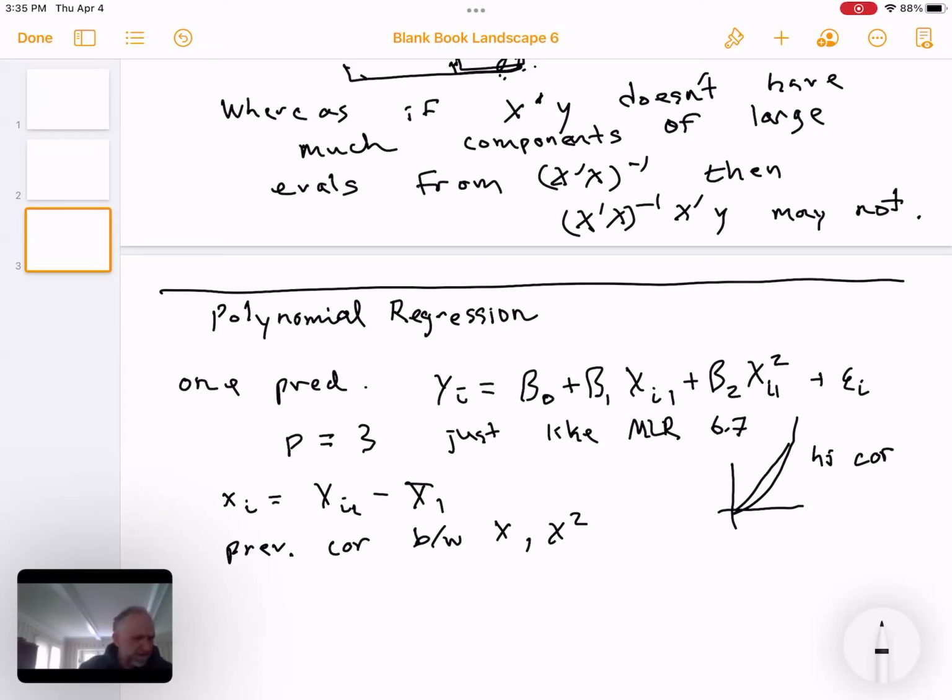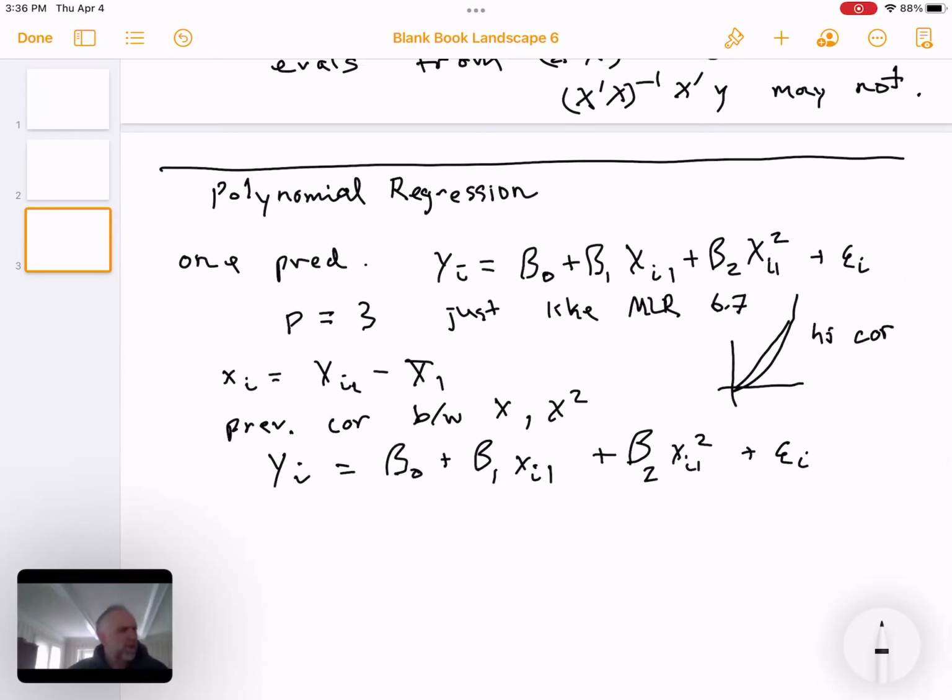Okay, and then so then the model would still be yi not transformed equals beta 0 plus beta 1 xi1, that's a lowercase xi1, plus beta 2 xi1 squared plus error.